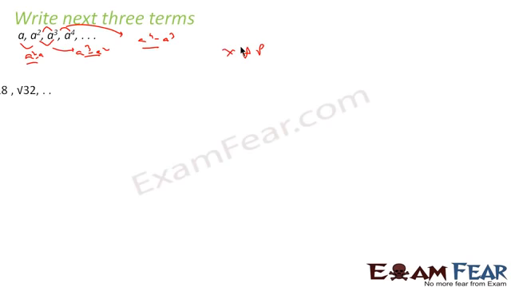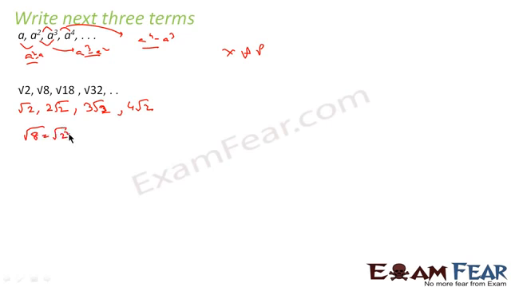Root 2, root 8, root 18, root 32. If you find the difference, let me write this in this form first. This is nothing but root 2. Root 8 is nothing but 2 root 2, because root of 8 is root of 2 square into 2, and 2 square I can take out, that becomes 2.